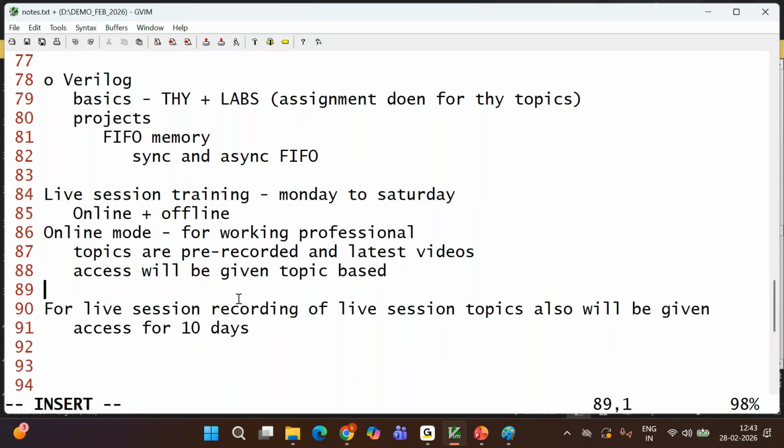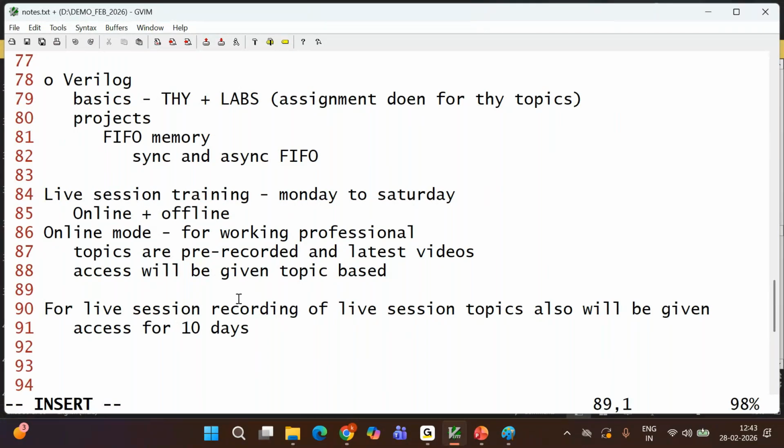Assignment-wise, job support group placement, that procedure, everything will be the same in terms of live session training and online mode. Evaluation will be the same.